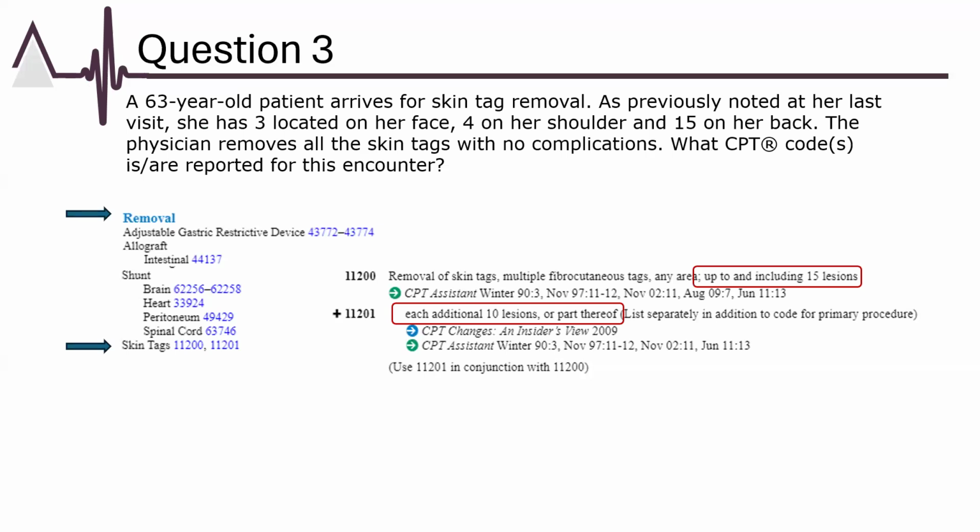The add-on code can be reported if the additional skin tags removed are 10 and under. It is not necessary to append modifier 52 to this add-on code. As a reminder, modifier 51 is not appended to add-on codes. Report codes 11200 and 11201 for the removal of 22 skin tags.